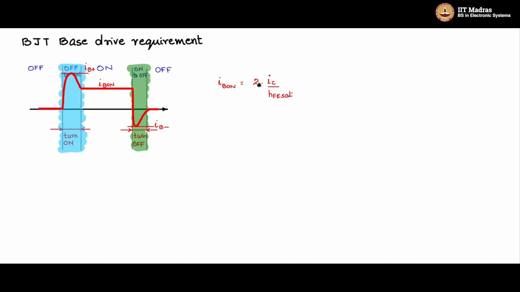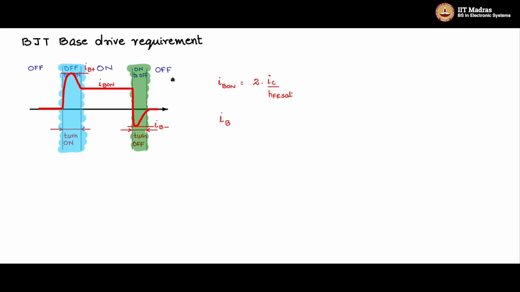When you give 2 times IC by HFE SAT, it is going to drive the transistor into saturation, so you are sure that the BJT is going to be in saturation. This is a thumb rule that designers normally follow: 2 IC by HFE SAT, a good starting value to use.